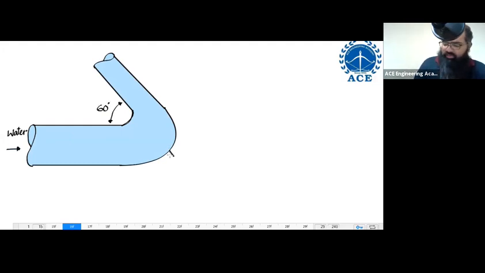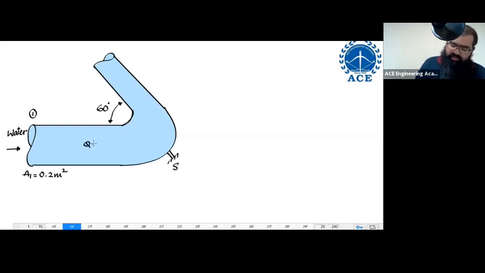Now to support this bend, you are using some kind of support, let us say S. This is section 1. At section 1, the cross-section area A1 is equal to 0.2 meters squared.